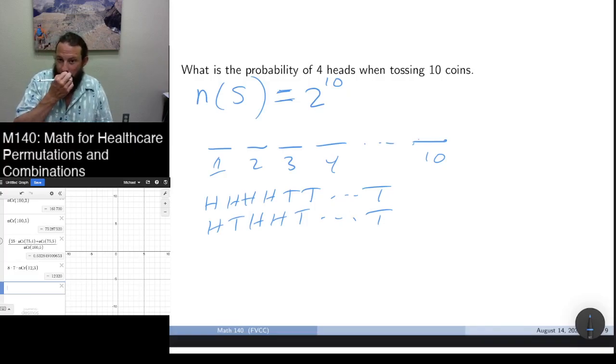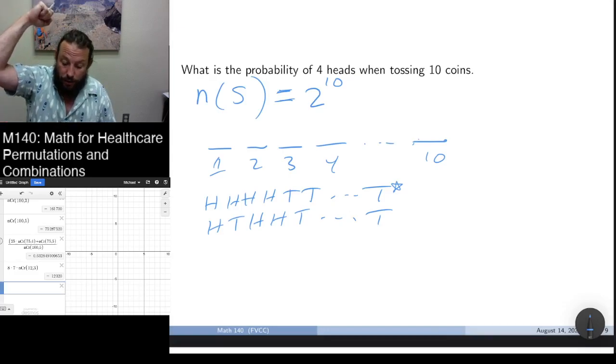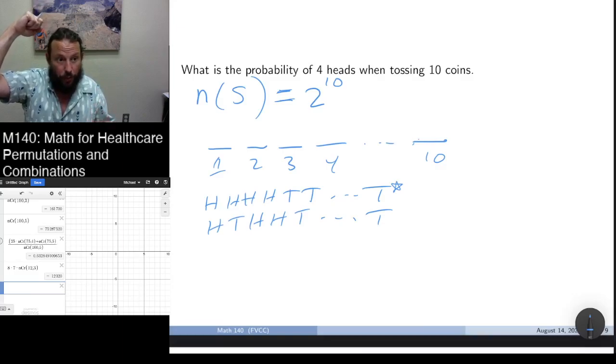So what this is really doing is we have 10 slots and we're choosing which 4 to make to be heads and forcing the rest of them, the other 6 to be tails. So for instance, this first one here, right, 4 first heads, that's like reaching in a bag with 10 things and pulling out the numbers 1, 2, 3, and 4. By 10 things, I mean 10 digits 1 to 10.